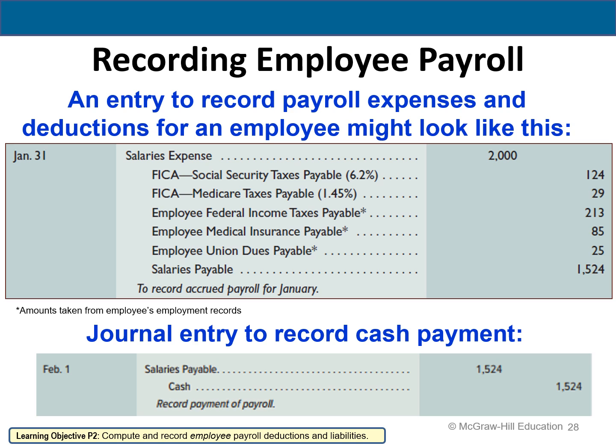You may have a medical insurance payable that you're going to turn around and remit to the insurance company, and maybe a dues payable you're going to remit to the union. And then ultimately you have the net, which is your salaries payable. That's what the employee ends up getting. Then when the paycheck's actually cut, you're going to debit salaries payable and credit cash.